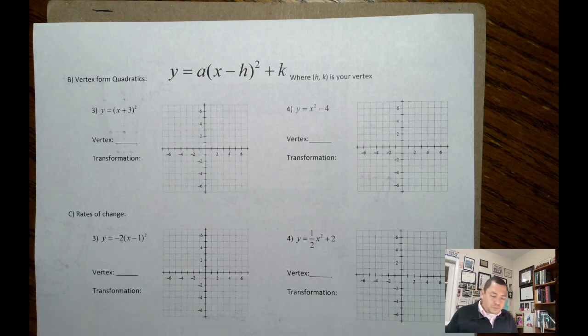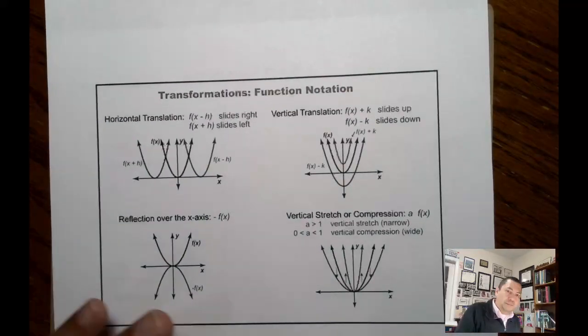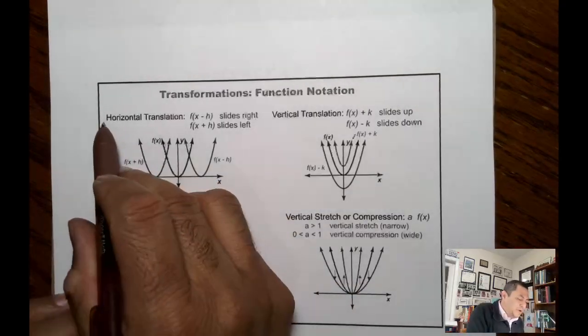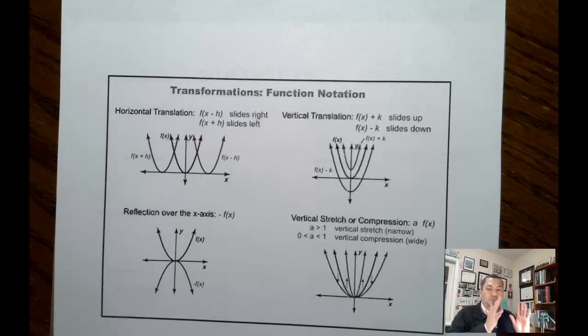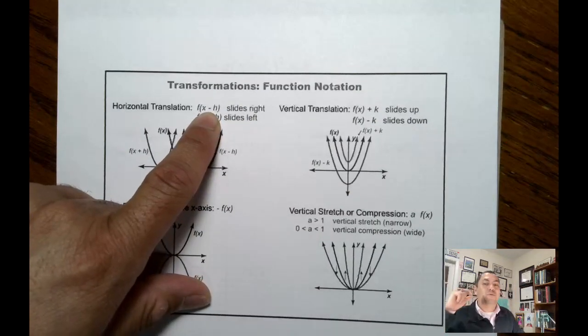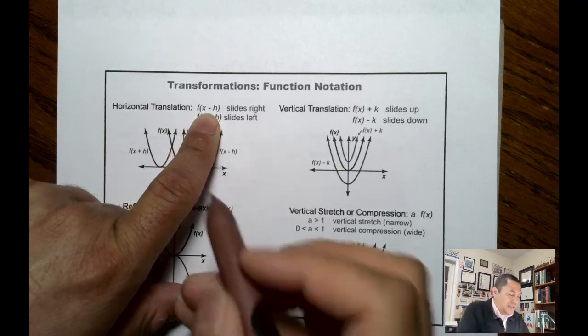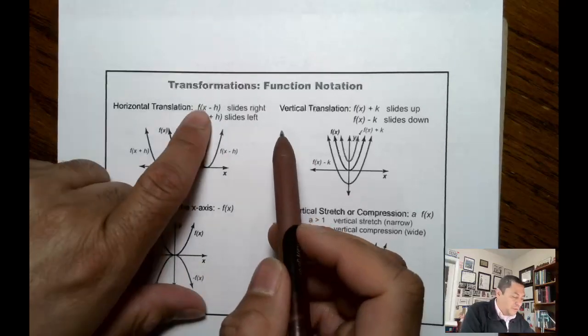Remember, in transformations, if you have a horizontal translation, that means it moves to the left or to the right. It's horizontal, it's the horizon, it's the flat surface. If my h is negative, it moves to the opposite side of that sign. Instead of moving to the left, it moves to the right. Remember what we mentioned?